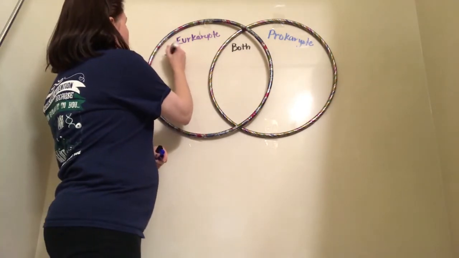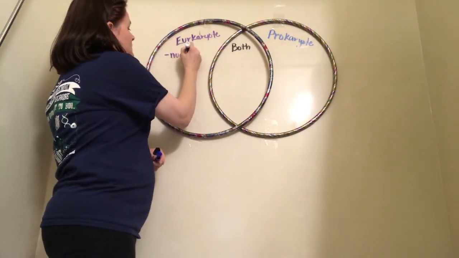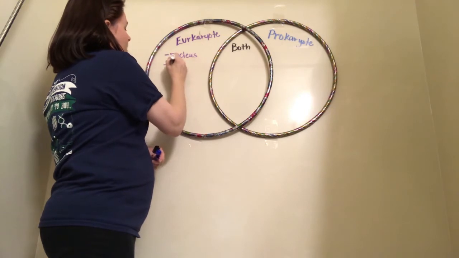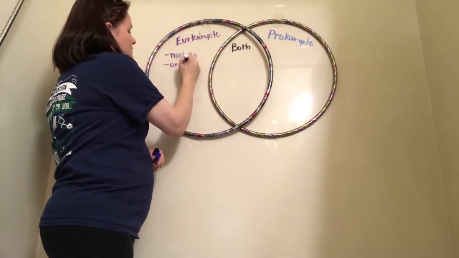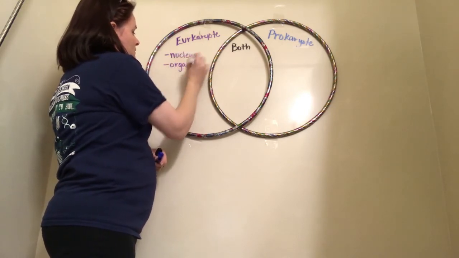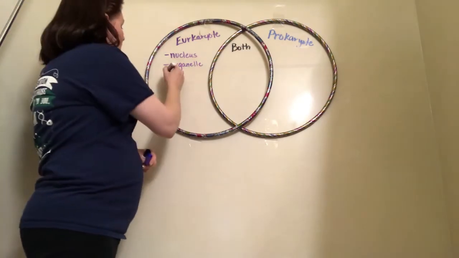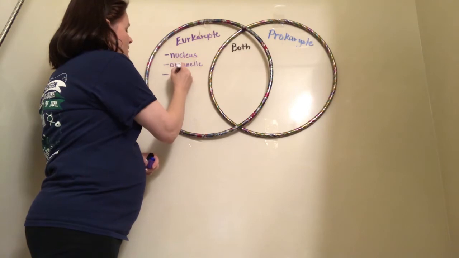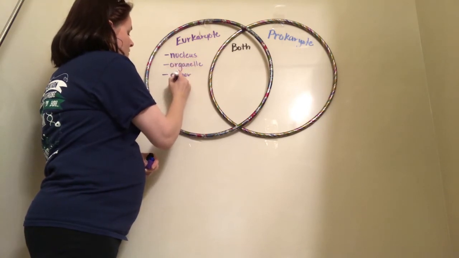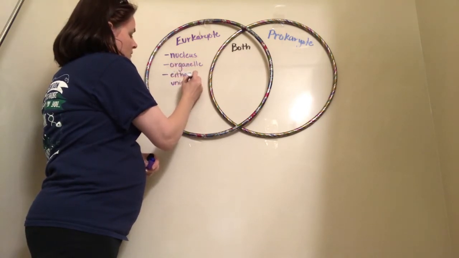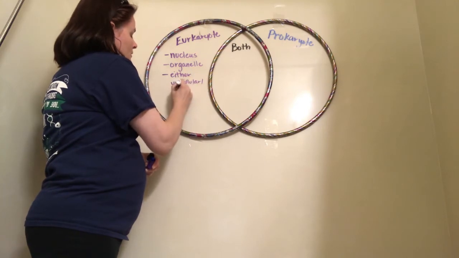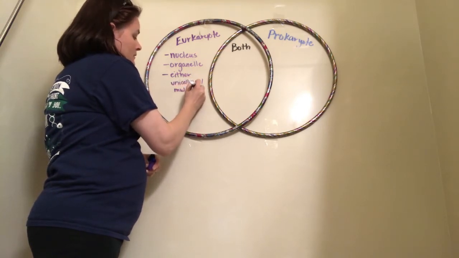So let's start with our eukaryotes. Our eukaryotes are going to have a nucleus. They are going to have specific organelles that are membrane bound. These can be either unicellular or multicellular.